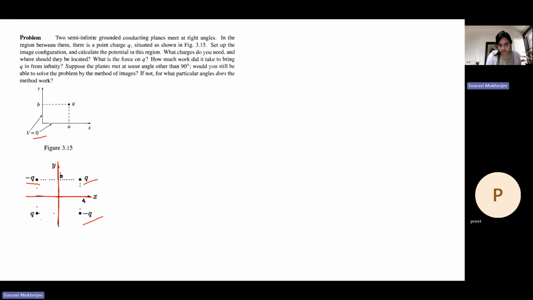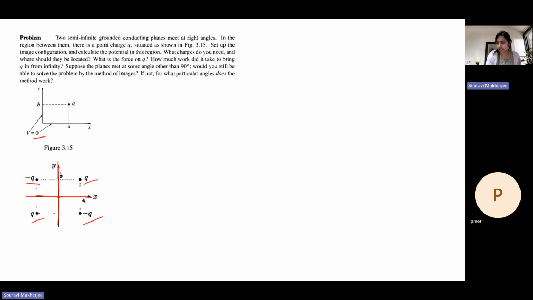Now also, so that it remains 0 along x and y, you also have to bring another q here so that the effects of these charges cancel out, right? So this is the kind of distribution of image charges that you have to do. This is making use of the symmetry of the problem, how the potential still remains 0 along x and y.